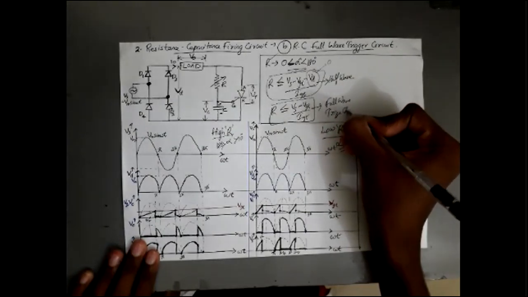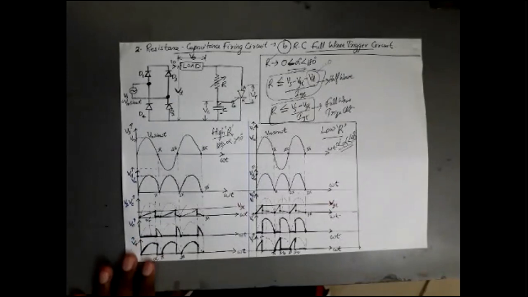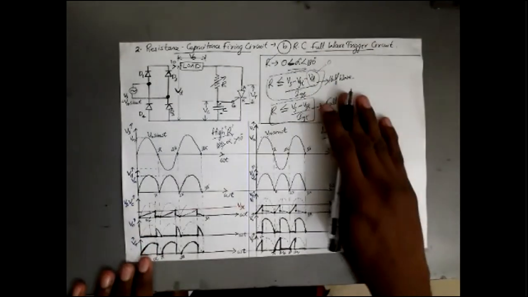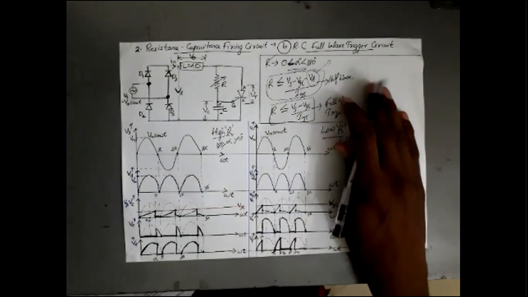Then, in order to design the full wave trigger circuit within the power frequency limit, RC should be greater than or equal to 50T divided by 2.